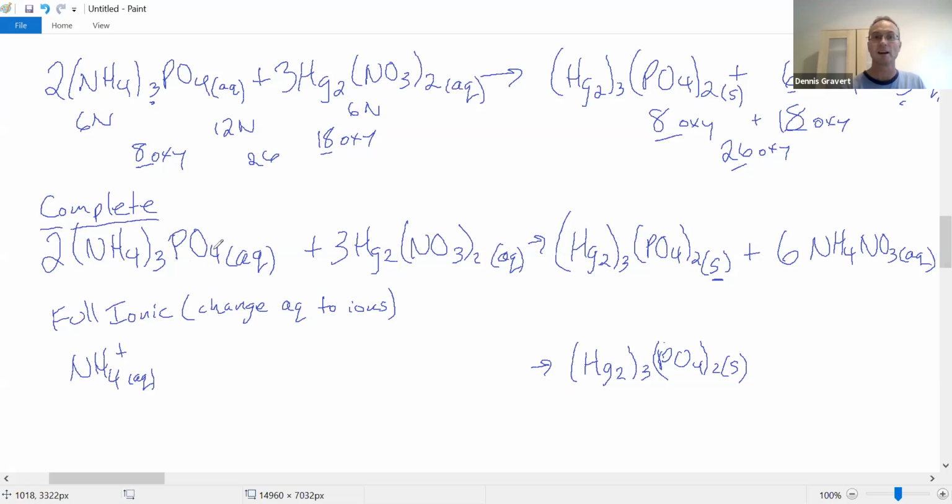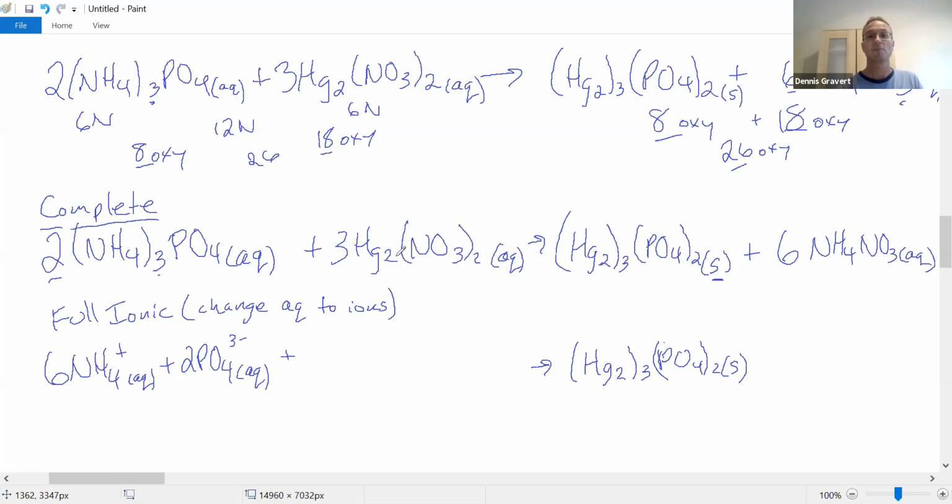Well, in one simplest molecule, there's 3 ammoniums. But to balance it, you need 2 of the ammonium phosphate. So there's 3 times 2, there's 6 ammonium ions here. How many phosphates? Well, in the molecule itself, there's just 1 phosphate, but you have 2 of these molecules. So there's 2 phosphates.